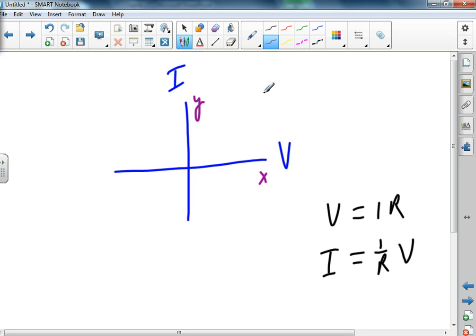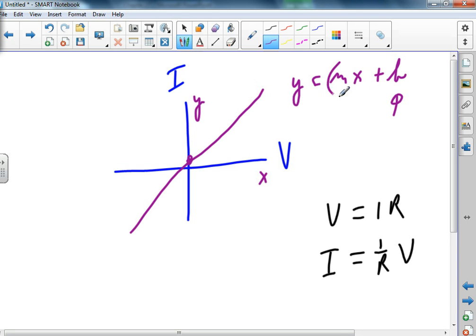If I have some line going on the xy axis, I'd say y is equal to mx plus b, where b is my y-intercept and m is the slope of the line. So if I write something that says I is equal to 1 over R times V, which is Ohm's law, I just wrote it a different way, and then I've got some curve associated with that.